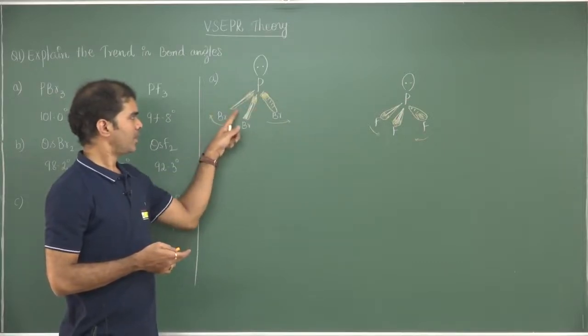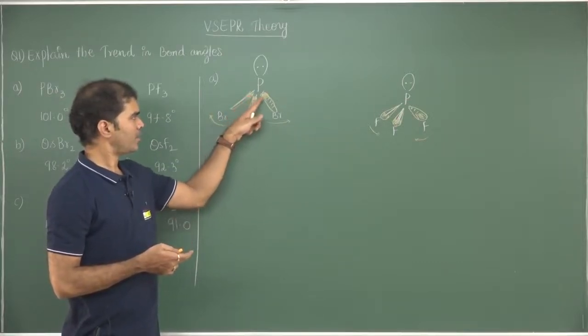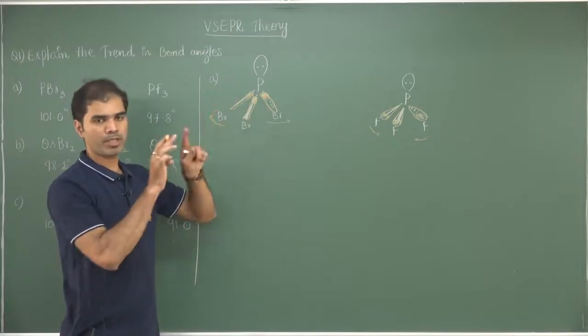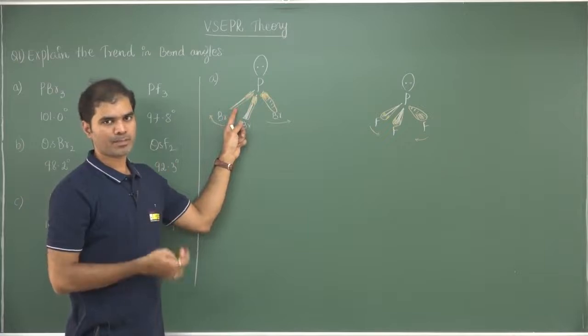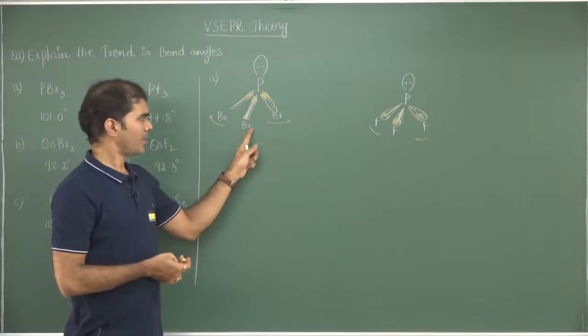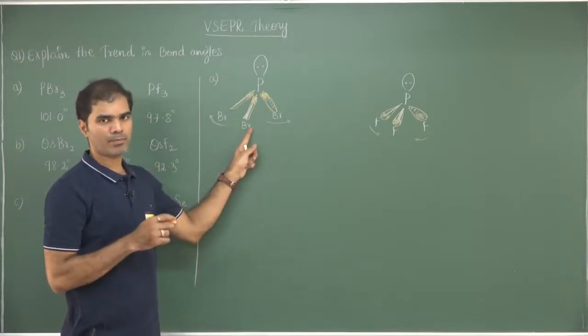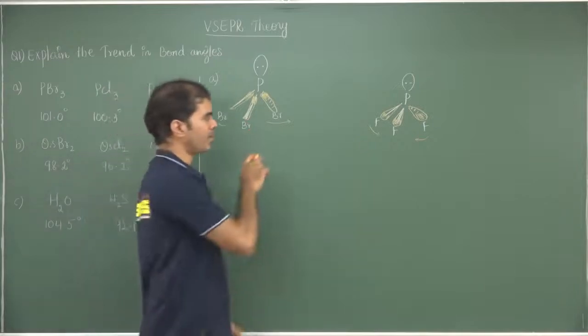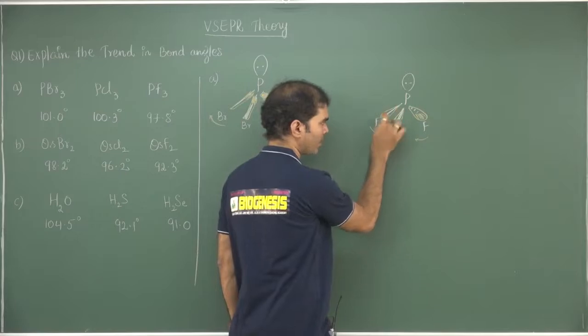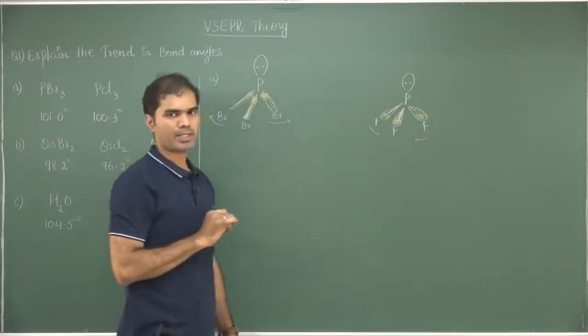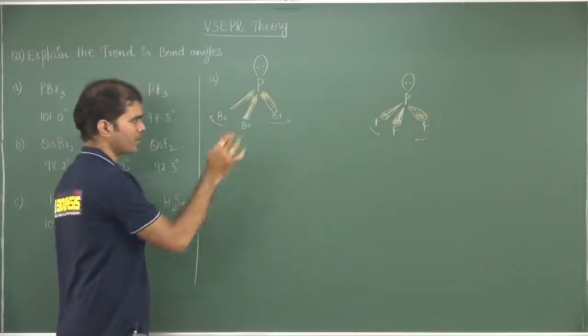Since the electron density is very high towards the phosphorus, the bond pair repulsion will be large, and they move away from one another. For this reason, the bond angle will increase as the electronegativity of the bonded atom decreases, or the other way, as the electronegativity of the bonded atom increases, bond angle decreases. So that is an important conclusion from this solution.